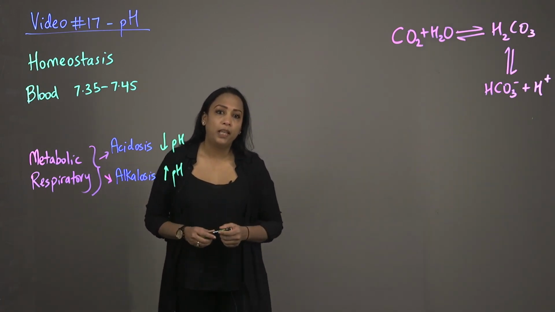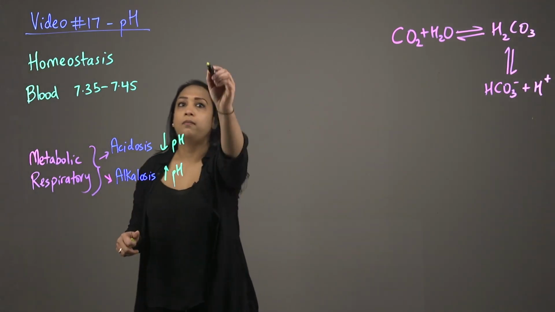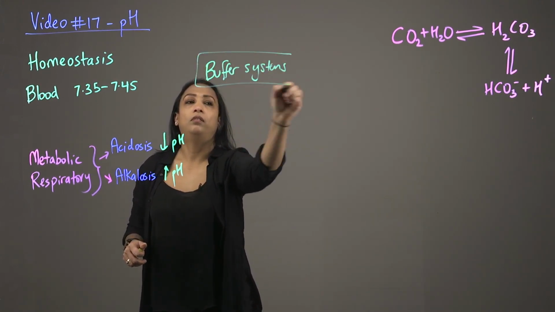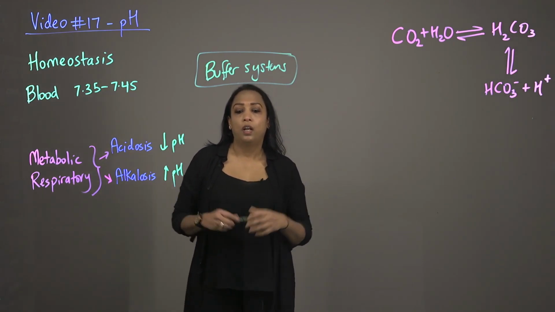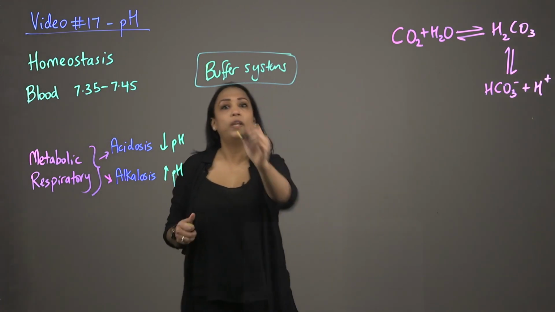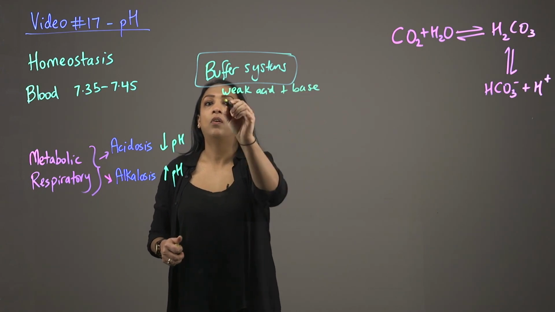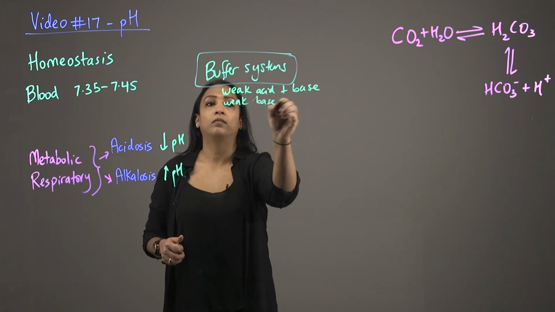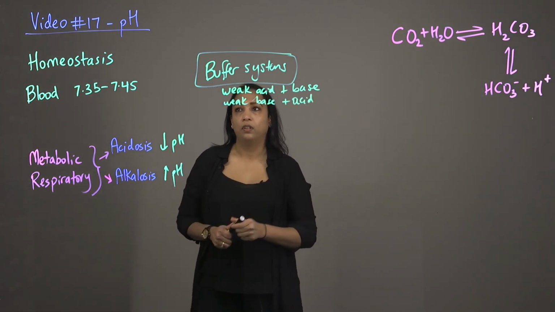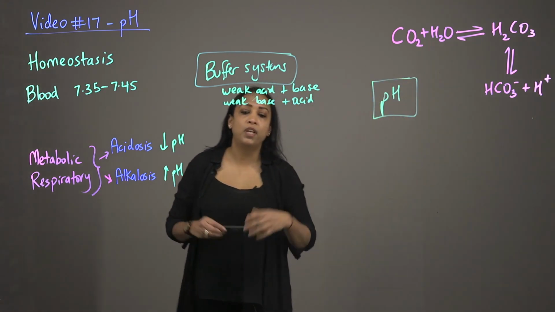Now, in general, pH in our bodies is maintained using buffer systems. A buffer is essentially a mixture of either a weak acid with a base or a weak base with an acid.